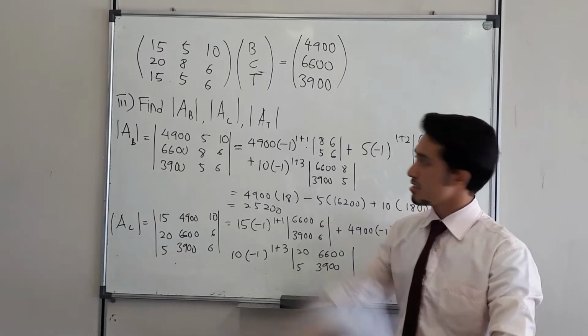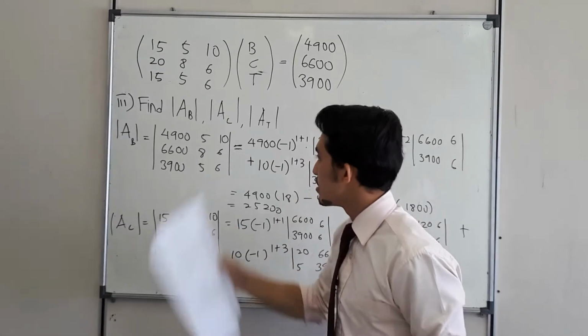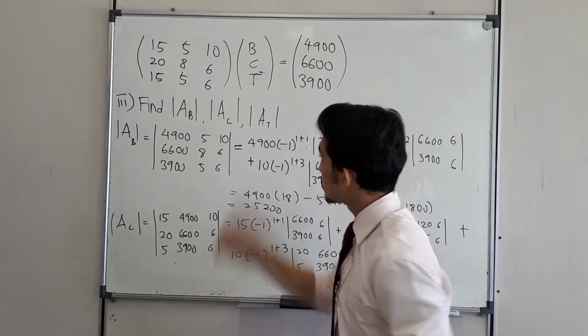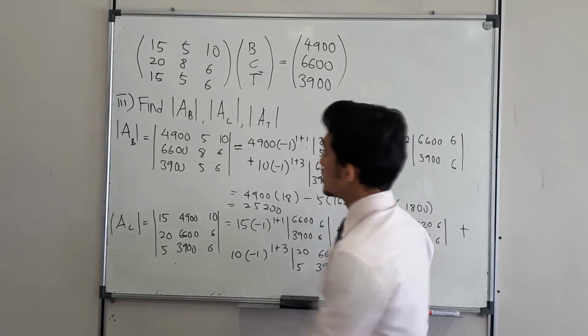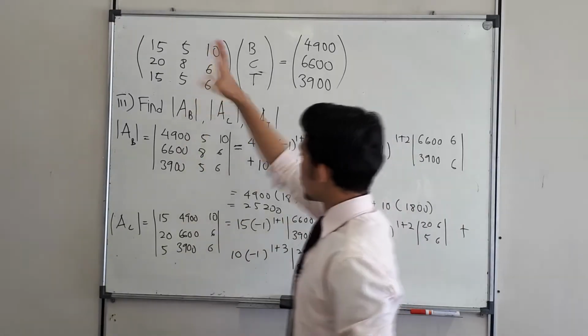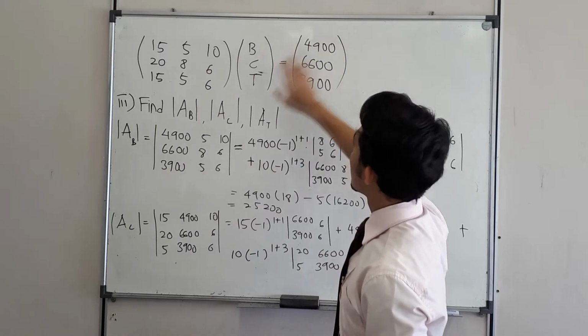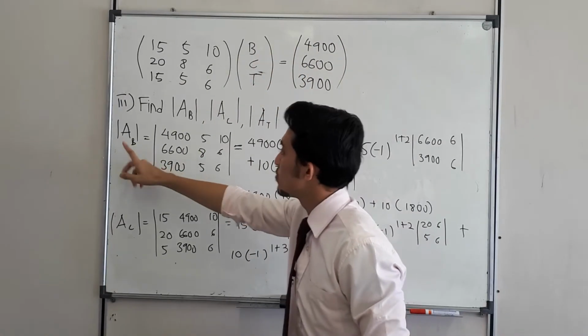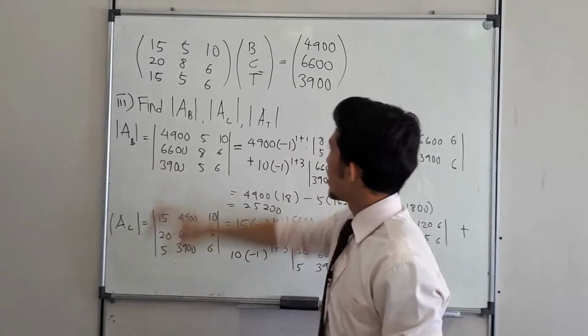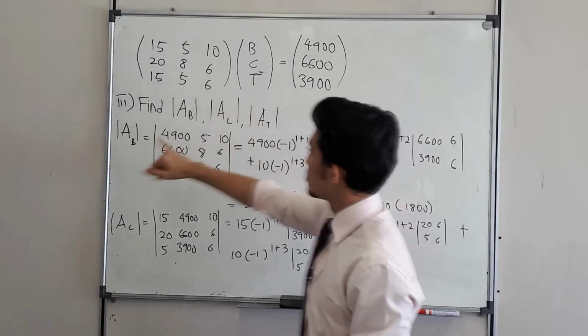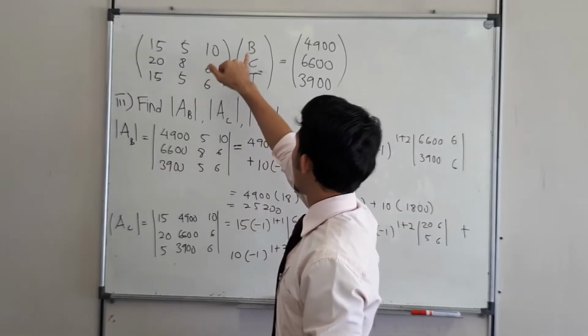Okay, for the next question, Roman 3, the question asks to find AB determinant, AC determinant, and AT determinant. To find AB determinant, we need to use this. AB means we want to find the value of B, C, and also the value of T. So B is placed at the first place.